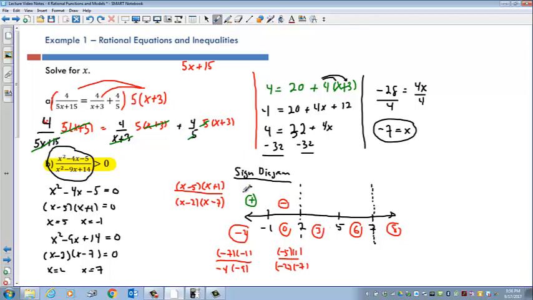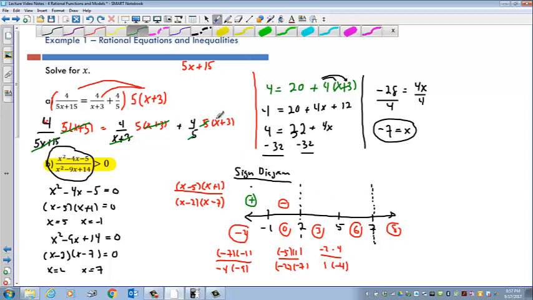Let's plug in 3 now to this expression, and we get what? Negative 2 times, if you plug in 3, 4. And then if we plug 3 in the bottom, we get 1, and here you get negative 4. So 1 times negative 4. So on top you have a negative, on bottom you have a negative, so a negative by a negative is actually a positive. So let's make that plus.